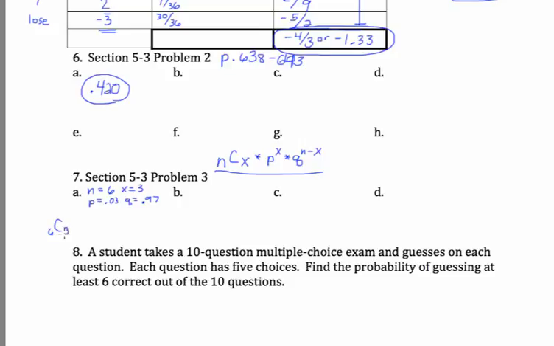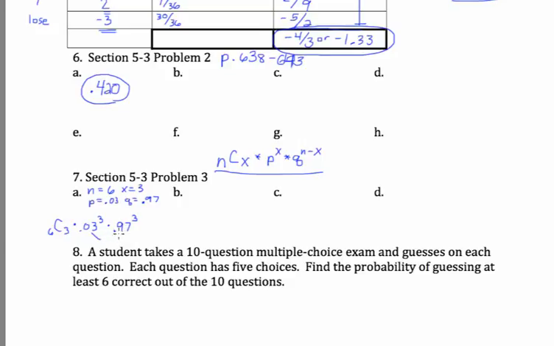Then I'll just sub my numbers in. 6C3 times p, 0.03, to the x power, to the third power, times q, 0.97, to the n minus x. So n minus x, 6 minus 3, that'll be 3.